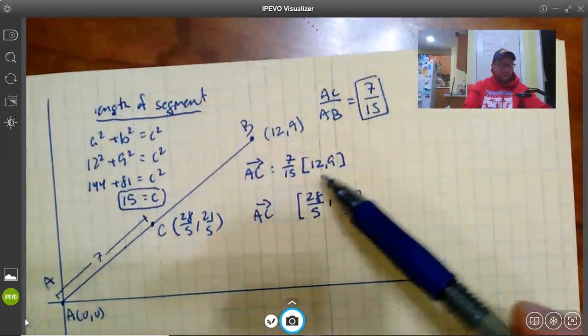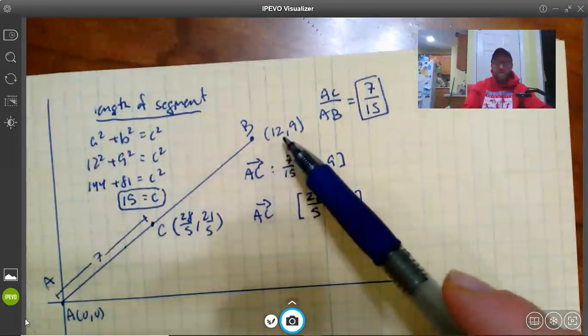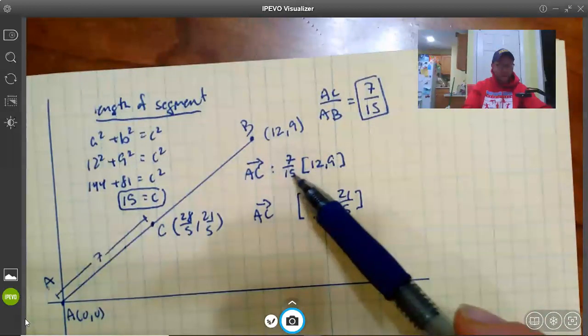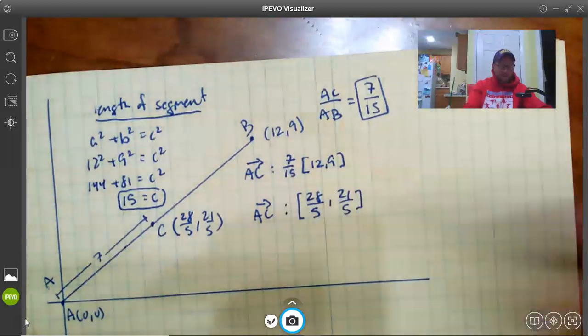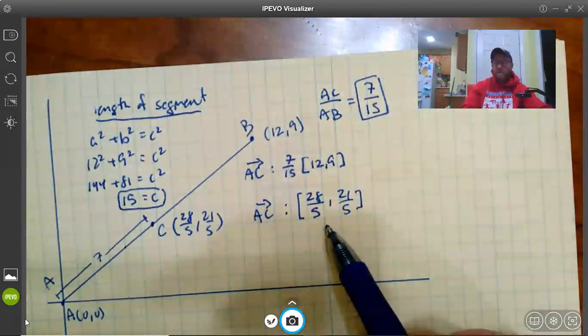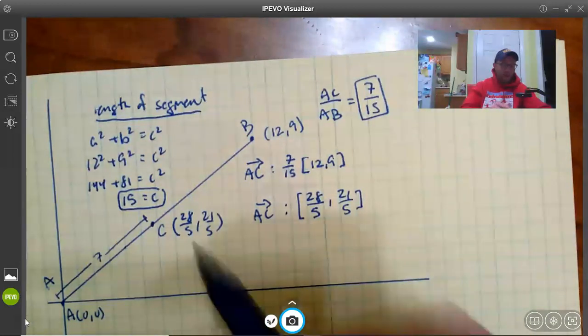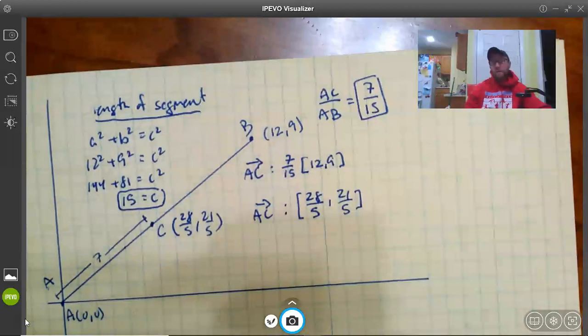And then to multiply this vector's components by that fraction to find out the components of a vector that is the shorter length and points in the same direction, and that happens to be the coordinates of that point.